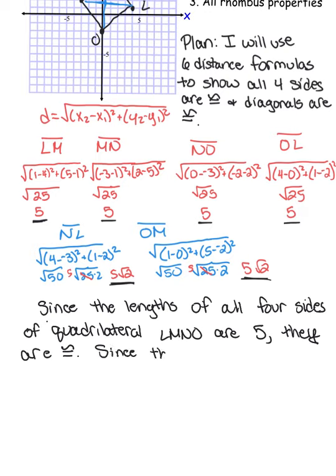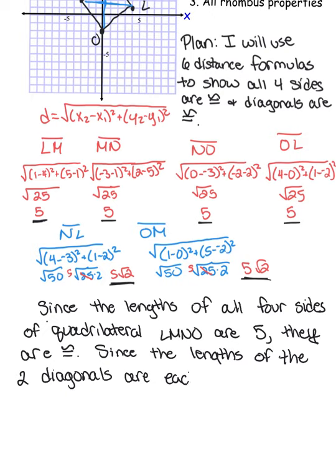Since the lengths of the 2 diagonals are each, you can write either radical 50, or if you chose to simplify it, 5 radical 2. So you're going to pick one, this one or this one, not both. They are congruent.